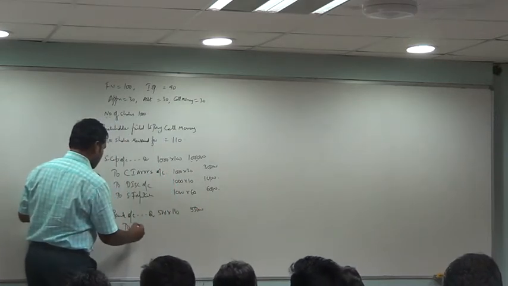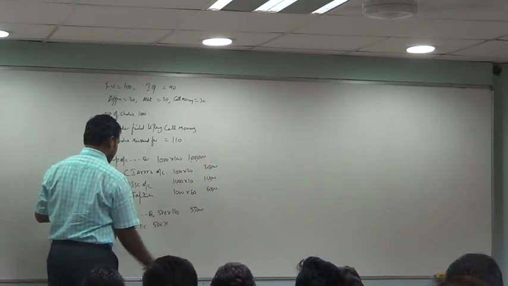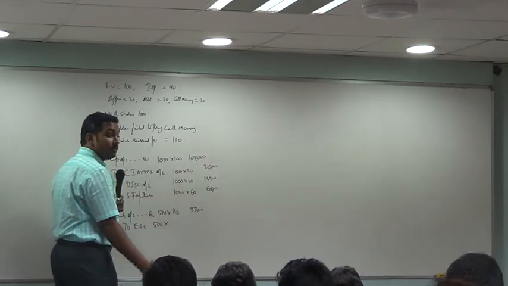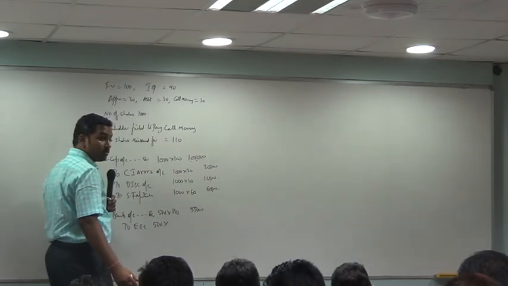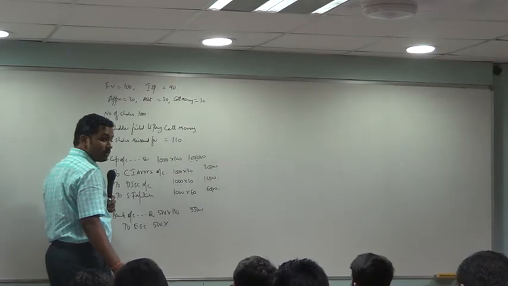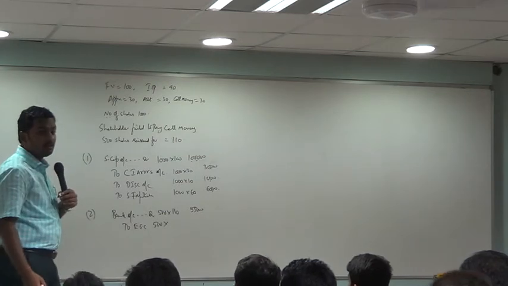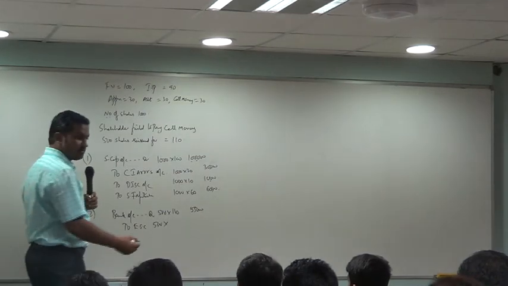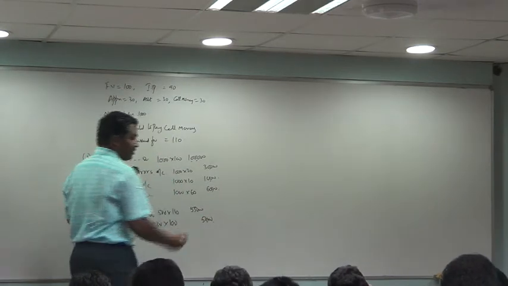Next, to share capital, how much? 500 into 100, 50,000. We have collected 110. How much can we credit to capital account? 100. Extra amount, what should I do?